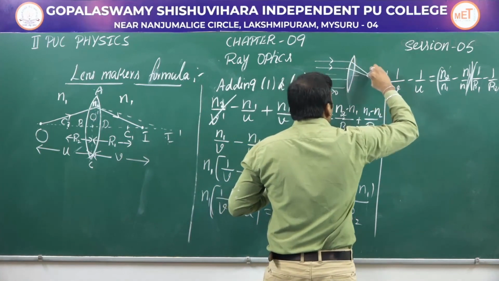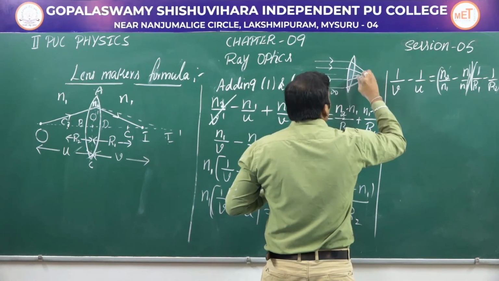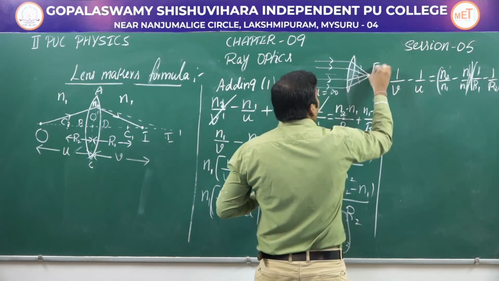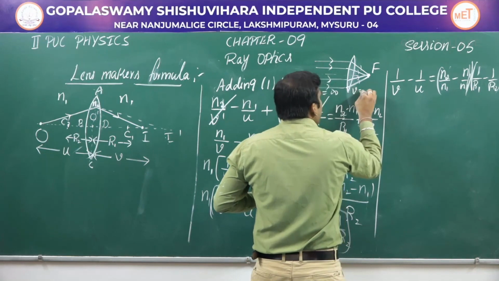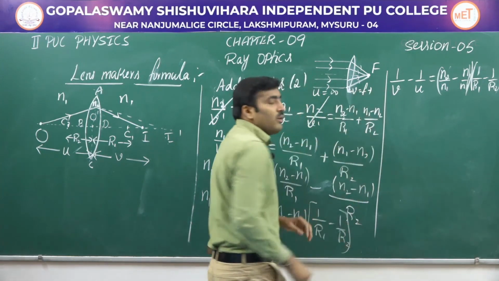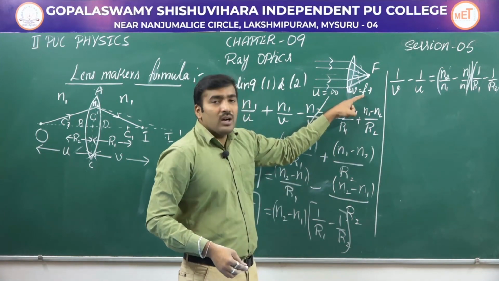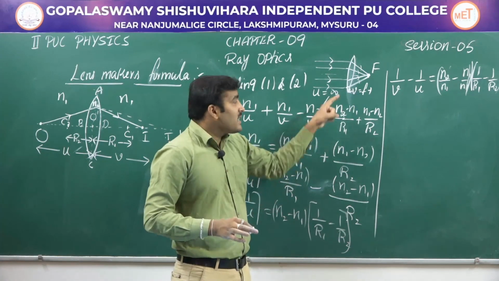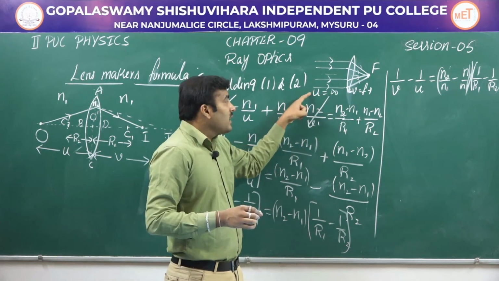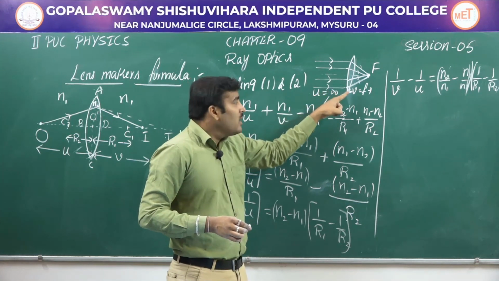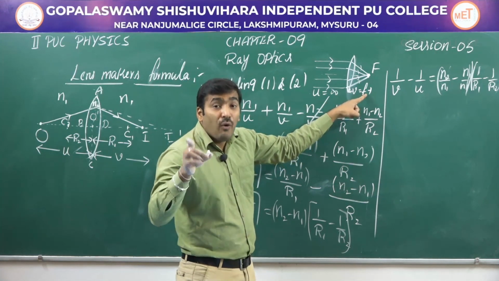The image is formed at the focus, so this is f. Therefore, the image distance becomes equal to the focal length. When the object is at infinity, that is object distance is infinity, the image distance is equal to the focal length.